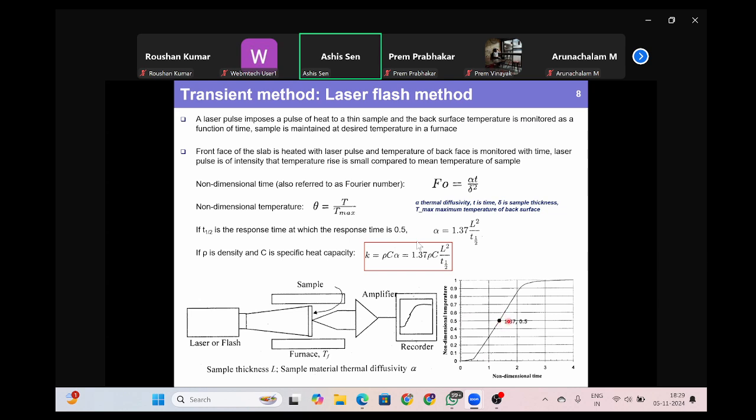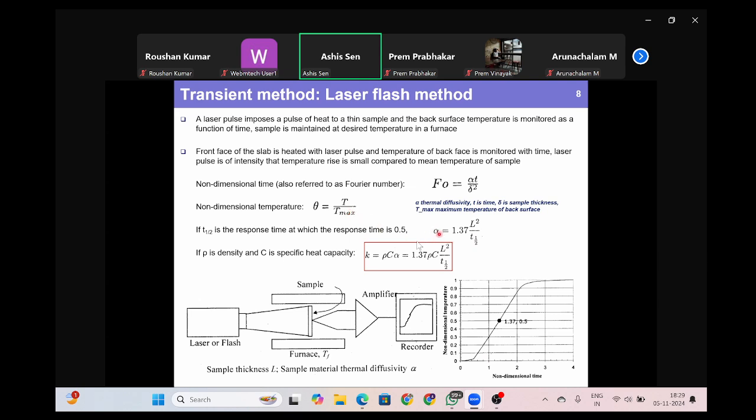So this 1.37 is basically your non-dimensional time. That means the Fourier number. So from this, alpha is going to be 1.37 times this delta, or call it a characteristic thickness or length scale square, divided by T half. T half is the time at which T becomes T max by 2.